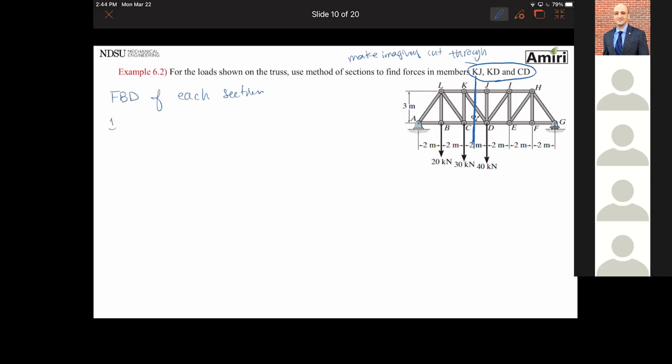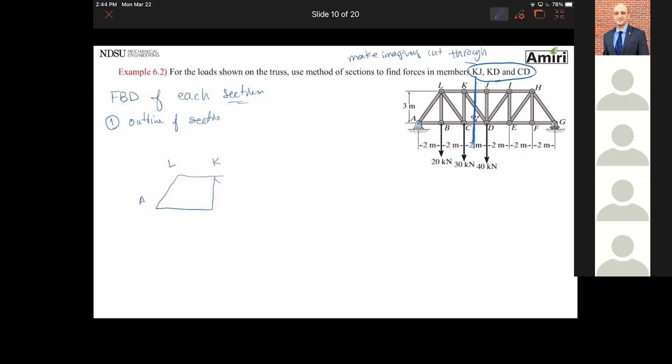Step 1 is outline of the section. Let me see. This is it. This is my outline of this section. A, L, K. Some people like to draw a little bit of the members too.